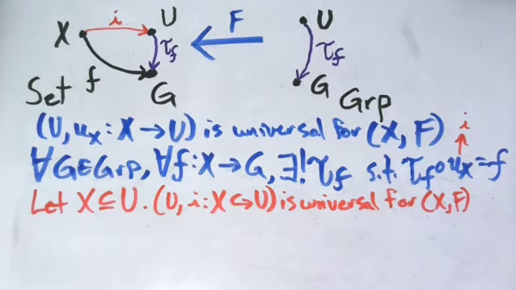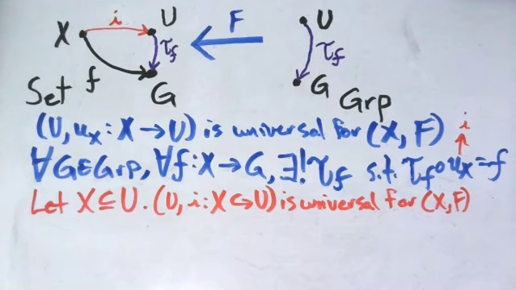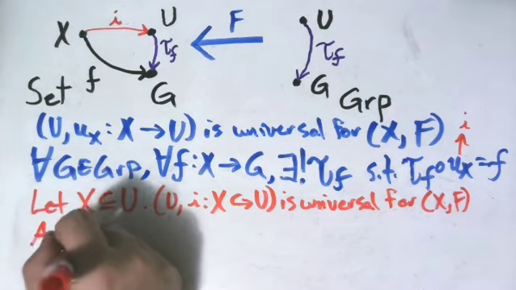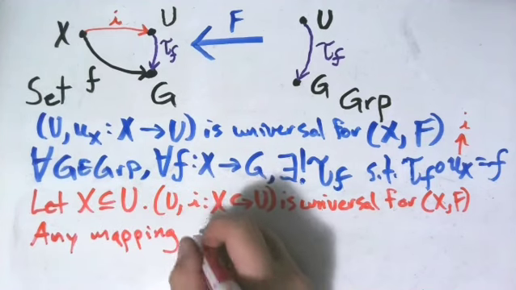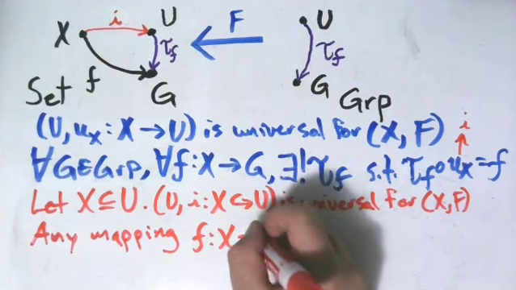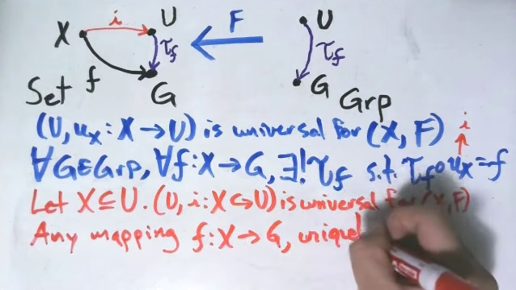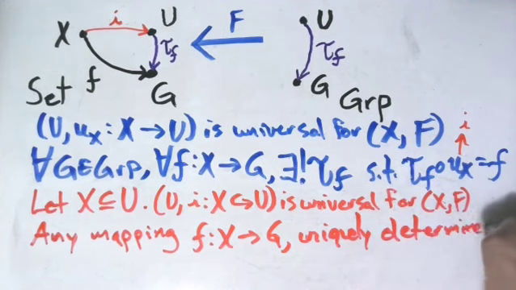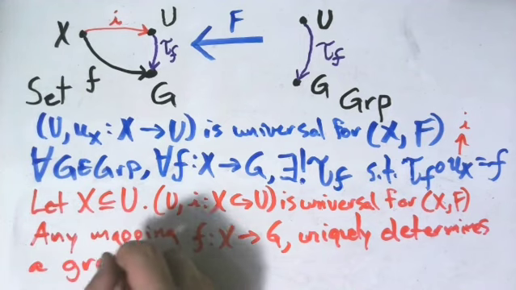But we just saw a very similar situation with the vector space example, where we were commuting with the inclusion map here. And what did we say? Well, we said that what that meant was that any mapping F going from X into G uniquely determines a group homomorphism this time.